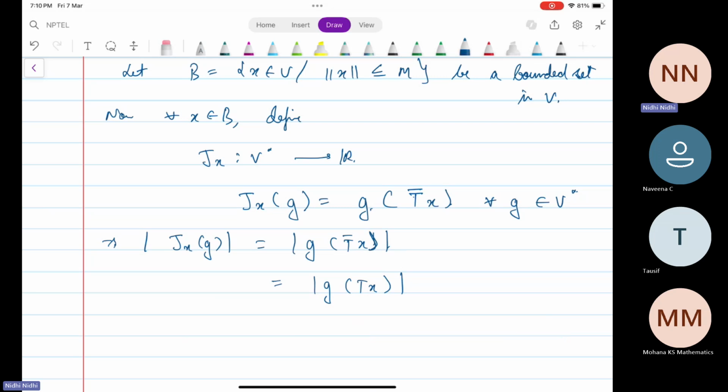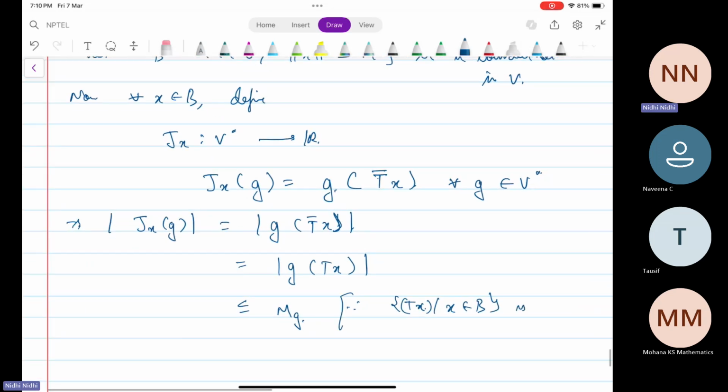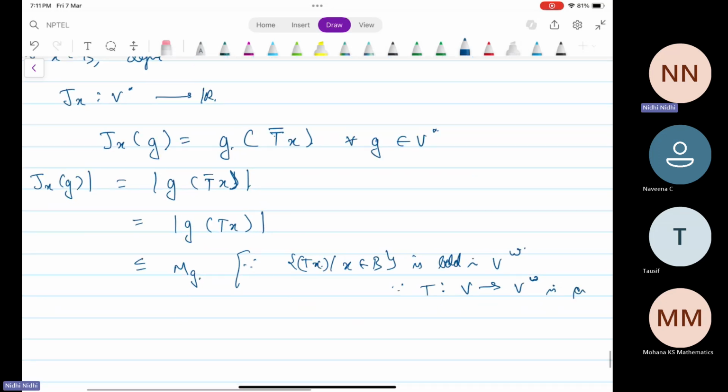I can write it less than or equal to M times norm G, since Tx, x belonging to B, is bounded in V weak, because T from V to V weak is continuous. That is what we are given.